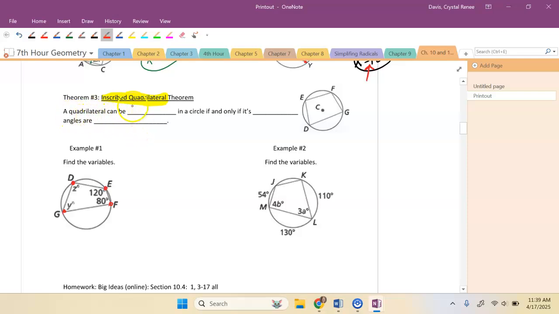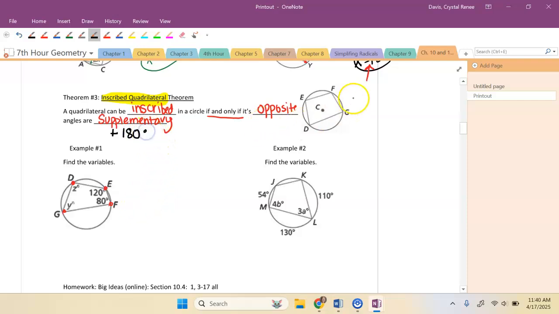So a quadrilateral can be inscribed in a circle if and only if, so this goes both ways, its opposite angles are supplementary. Now hopefully you haven't forgotten everything you learned from first semester, but supplementary means they add to 180 degrees.